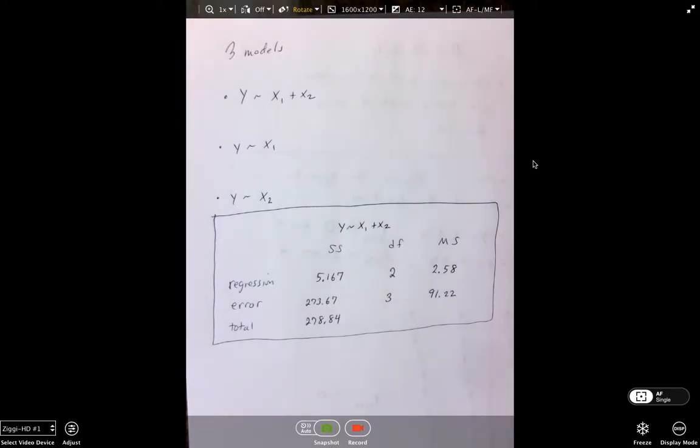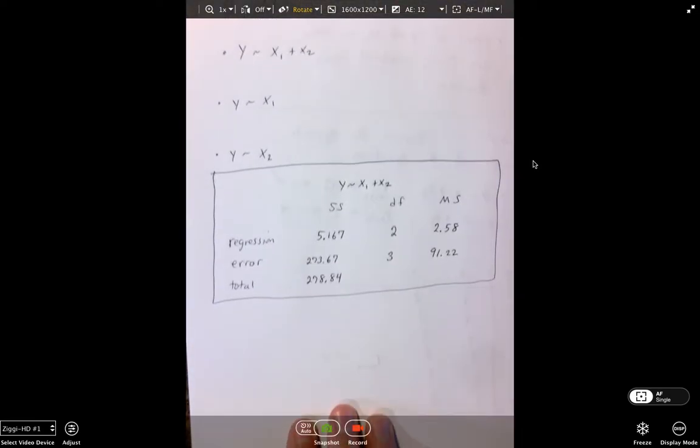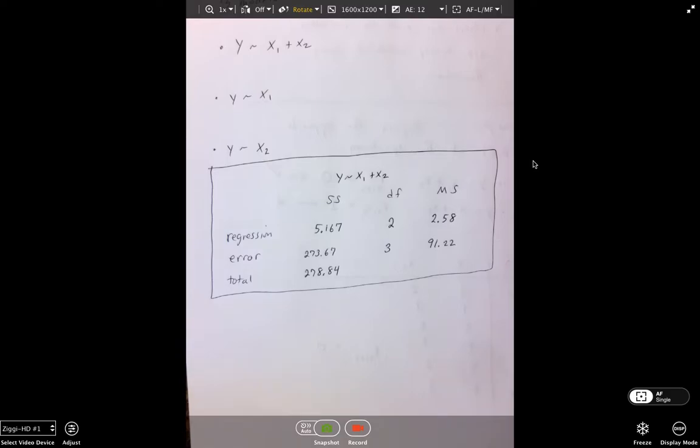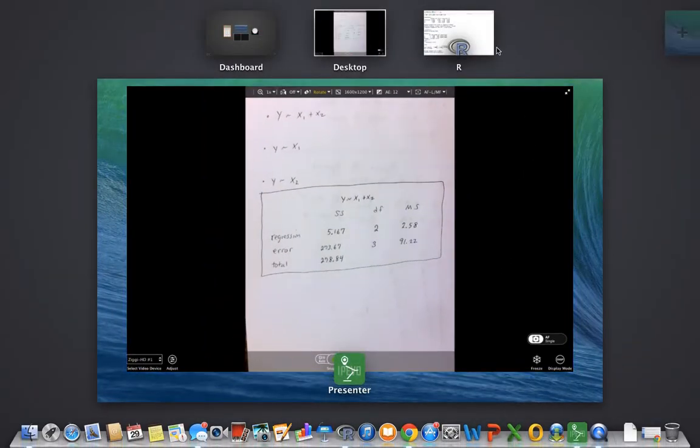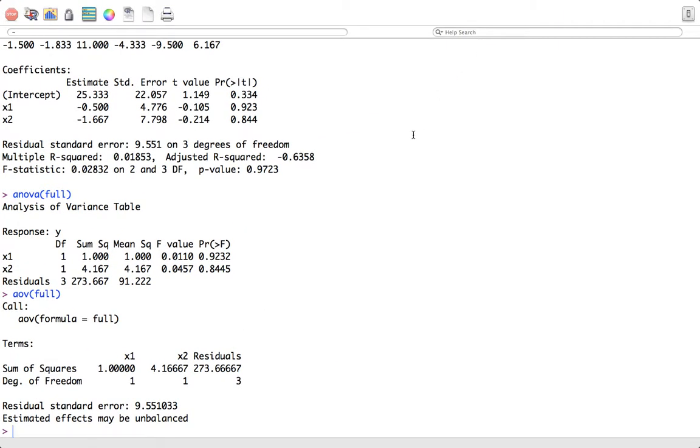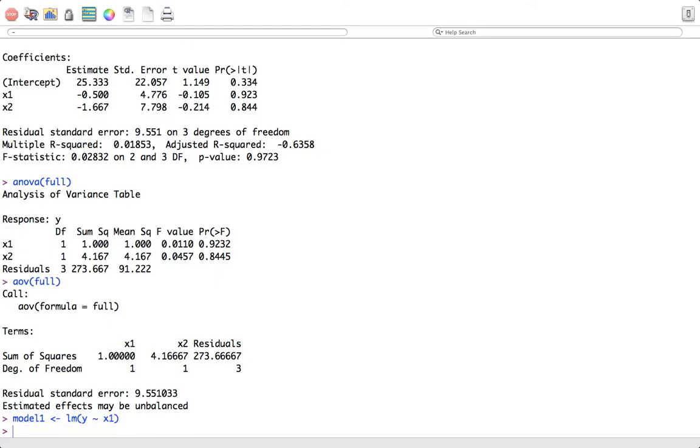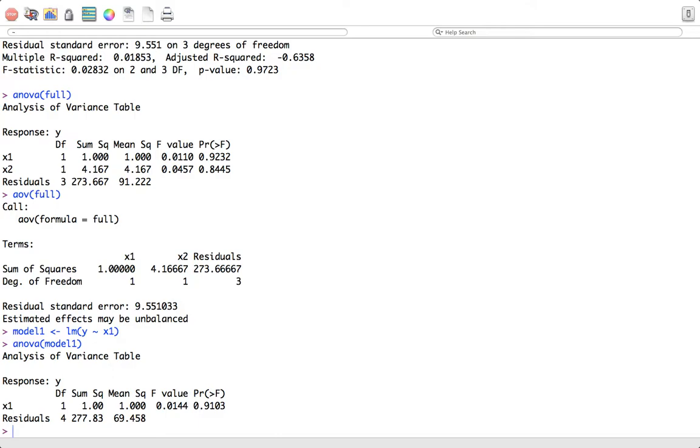Now, next thing I want to look at is the y predicted by x1. We'll call this model 1. ANOVA. So let's, I'm going to write this down over here.